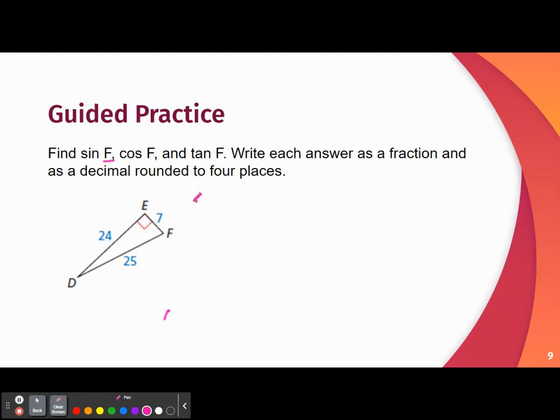Gabby, what did you and your partner get for sine of angle F? What was your fraction? 24 over 25. And that was 0.96. Okay, perfect. What about for cosine of F? Rayleigh, what did you and your partner get for cosine of F? 7 over 25 and 0.28.